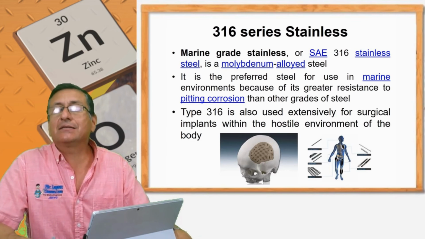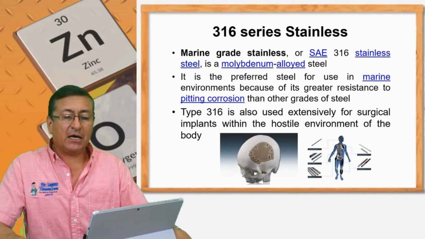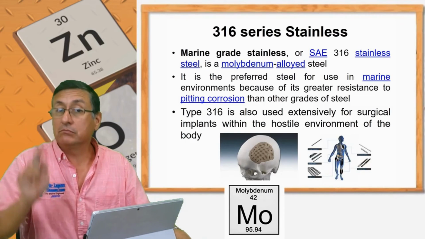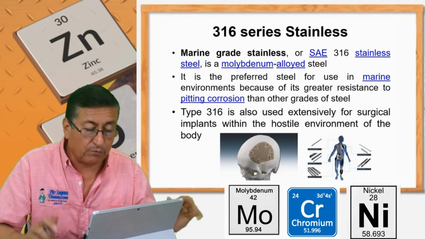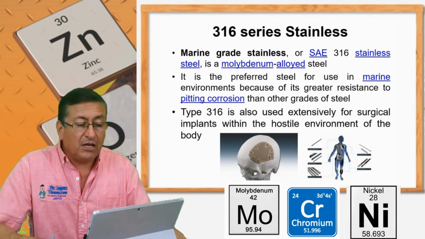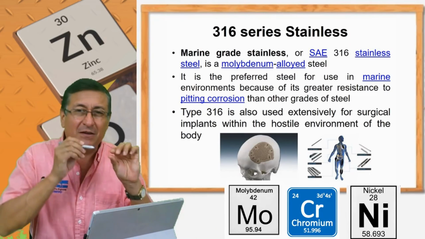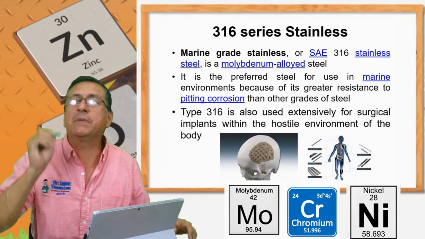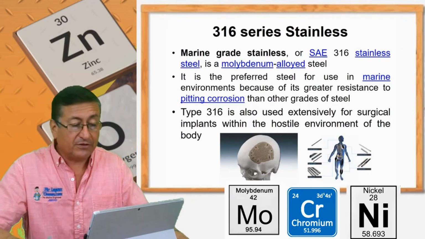This is the most famous, 316. It's stainless steel with a high content of molybdenum. Of course, it has chromium, nickel, and molybdenum. It is the preferred stainless steel used in marine environments because it inhibits pitting corrosion, the corrosion that perforates the metal. It's better than other types of steels.